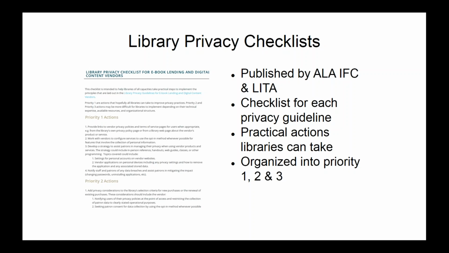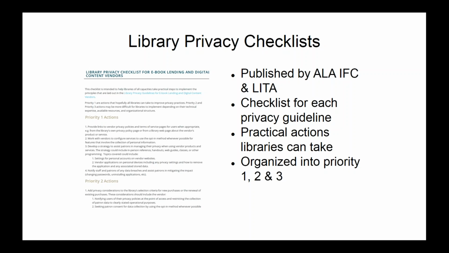The first group is hopefully actions that any library can take regardless of their capacity, regardless of how much control they have over their technology or how nimble their organization is about responding to change, things that are under the library's control.